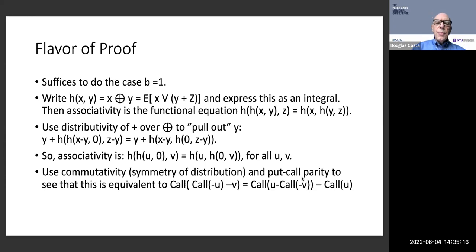And then we use distributivity of addition over this pseudo sum to pull out the y in the middle, as you see in the third line there. And what that means is that associativity is equivalent to this functional relation on H, which is expressed here.